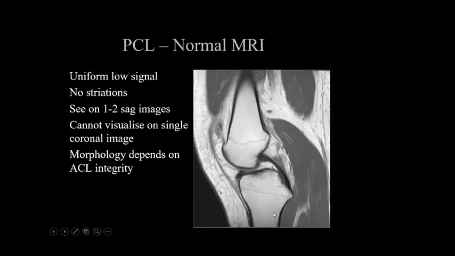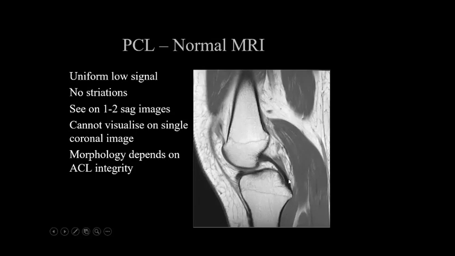Normal appearance of the PCL: it should look completely, homogeneously hypointense on the short TE sequences with no signal change in the PCL whatsoever. Remember, in the ACL, we said it's normal for the ACL to show striation with interlacing fat and vessels within the ACL, but that does not apply to the PCL.